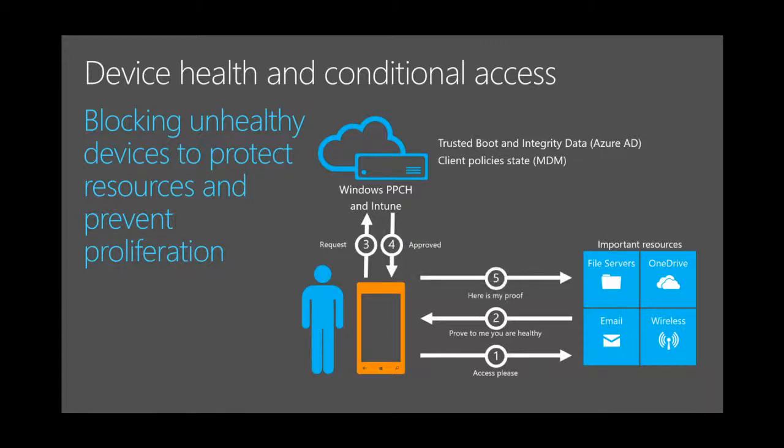At that point in time, the device goes back to Azure AD or to the identity provider, and the MDM, in this case in my slide it's Windows Intune, requests a health report from those services and then sends that health report back to the third-party relying service to tell them, yes, I'm healthy, I have the right identity, I can now use your service, right? Because in certain circumstances, you want to check the health of the device to make sure before you give them access to a certain service.